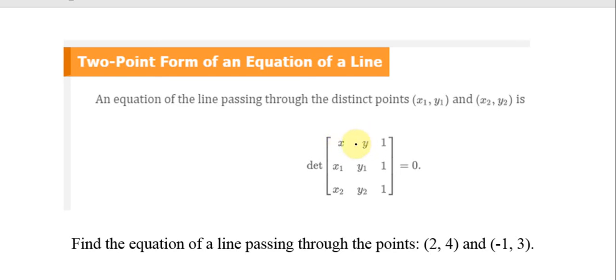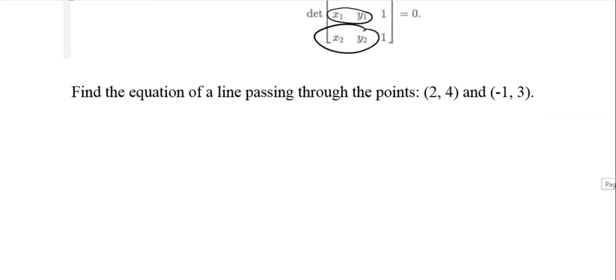That is to help us develop the equation. And so then the 2 points that are given, from these 2 points we can determine the so-called equation of the line. Well, let's look at this problem here and see if we can figure it out based on that determinant formula.